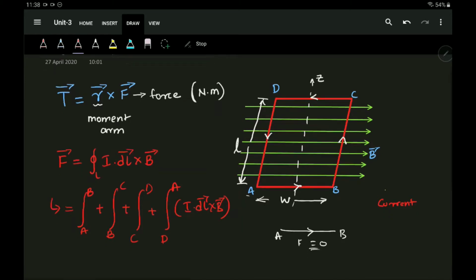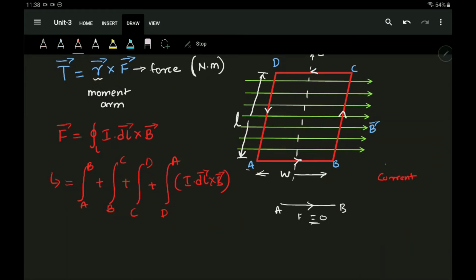Here, I dl cross B can be written in terms of I, the length, and B sine theta.